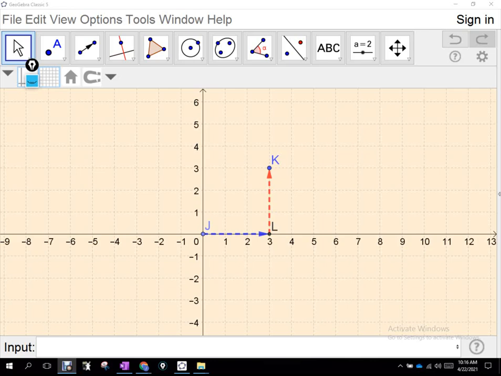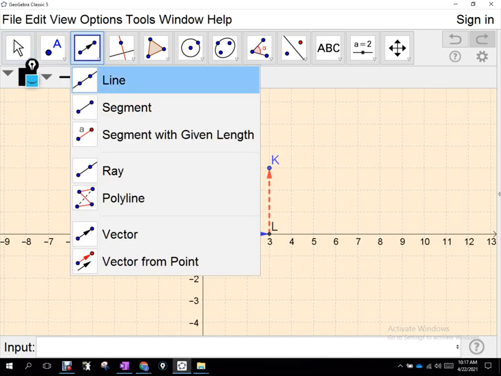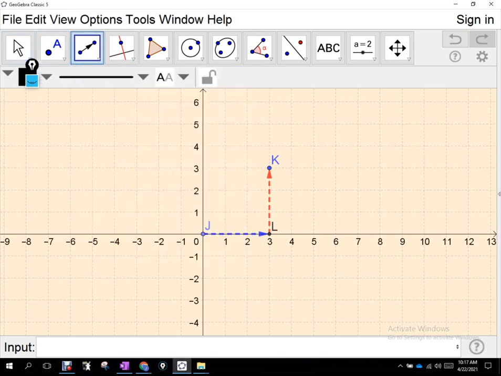But I want to go from J straight to K. So what would I actually be traveling along if I go J to K? A hypotenuse. Good. But that hypotenuse is going to be how big? Square root of 18. Everybody okay with that?